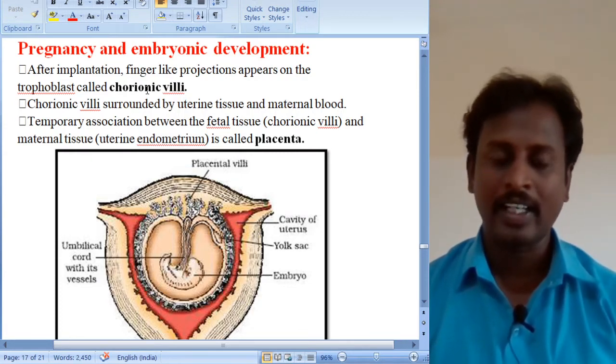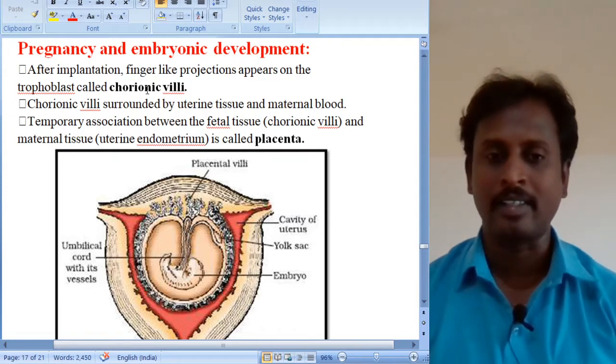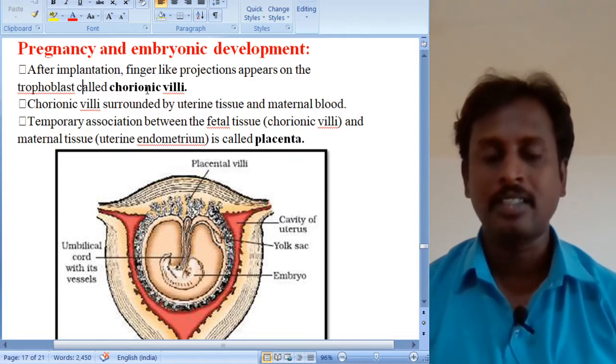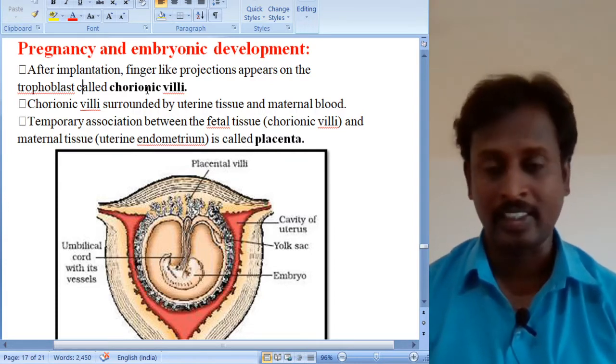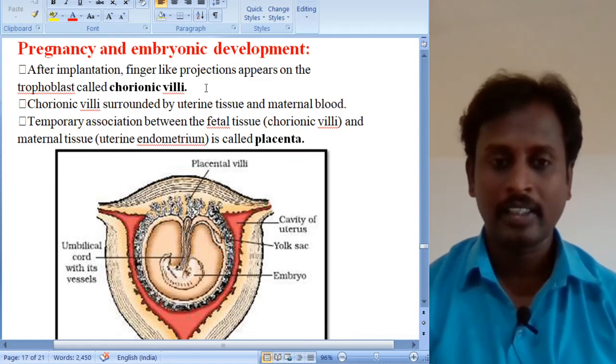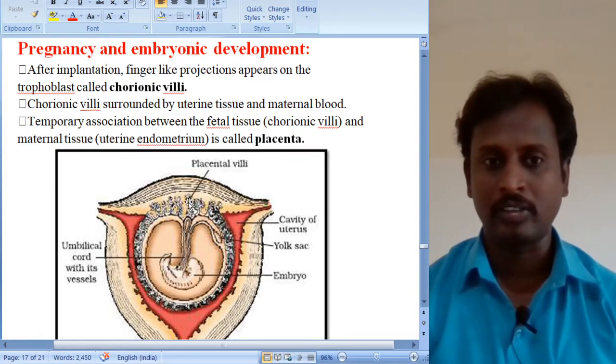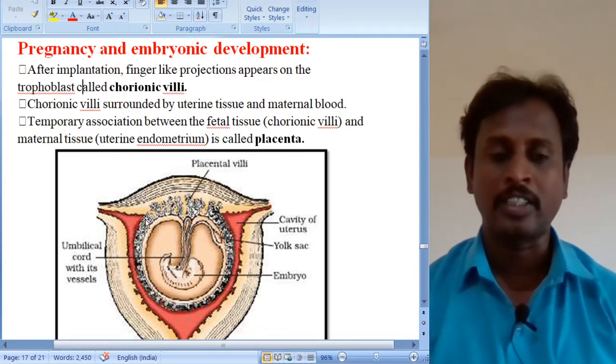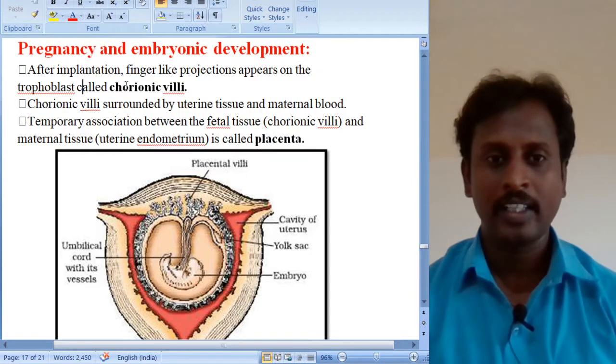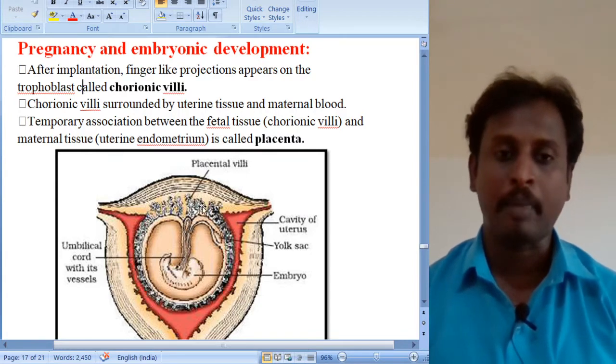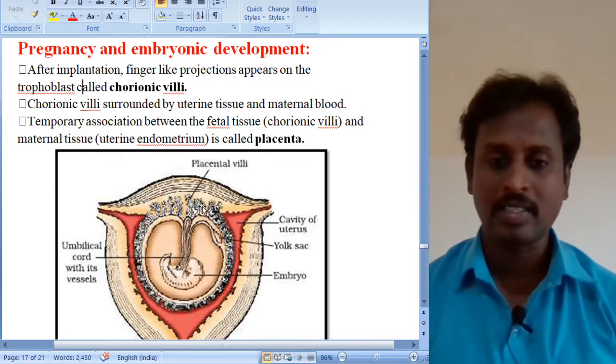Those finger-like projections inserted by the trophoblast cells are called chorionic villi. In the diagram, we shall see the chorionic villi. Just look at these finger-like projections. That is called chorionic villi, and this chorionic villi is a part of the fetal side.